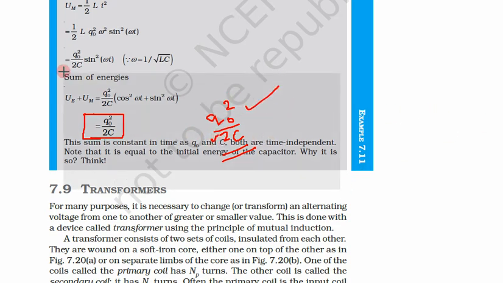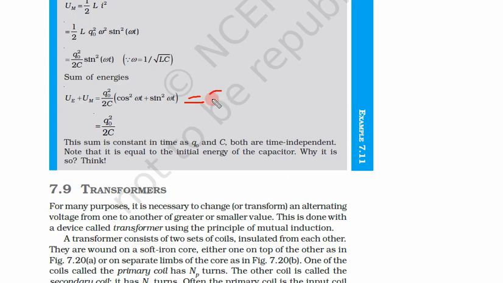Since all of them are constant, at any given time we can say the combined energy of the circuit is a constant. This sum is constant in time as Q0 and C are both time independent. None of them is changing with time, that's why this is a constant.